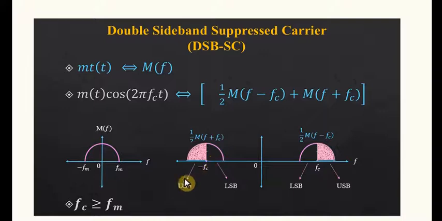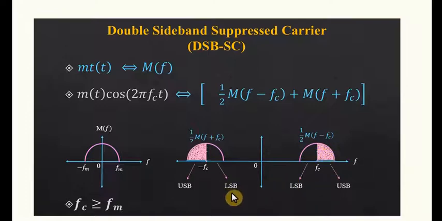As well, here is the upper sideband and this is the lower sideband. There is no pure carrier signal, as we have seen in AM modulation, where the carrier signal exists at the frequency Fc as a pulse with high amplitude compared to the sidebands.